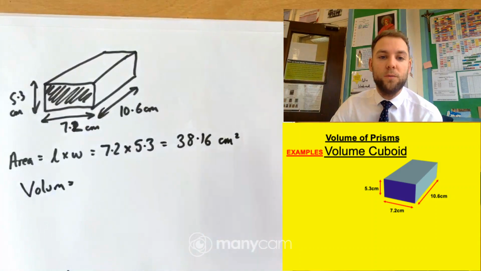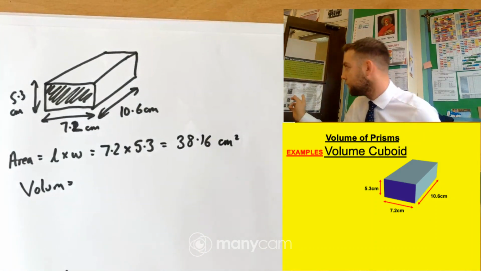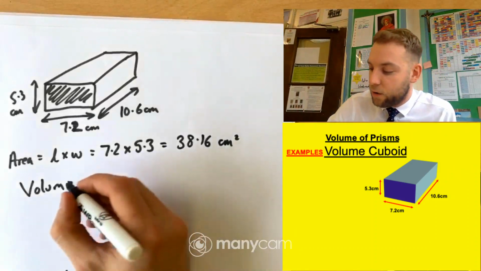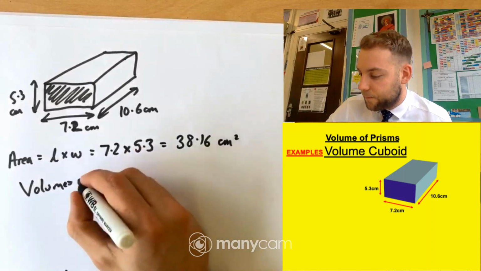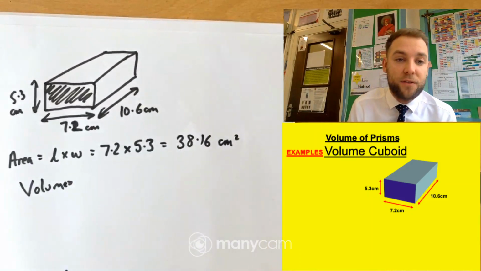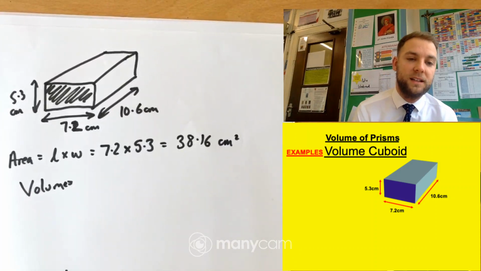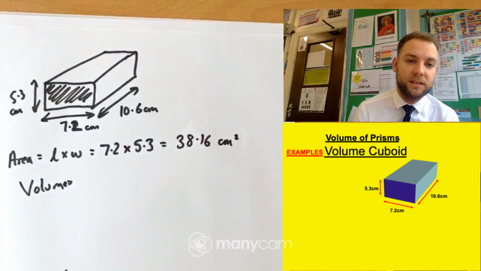So now what I need to do is work out the volume of this. The volume is going to be equal to the cross-sectional area, which is that 38.16, times by the depth, which is equal to 10.6.